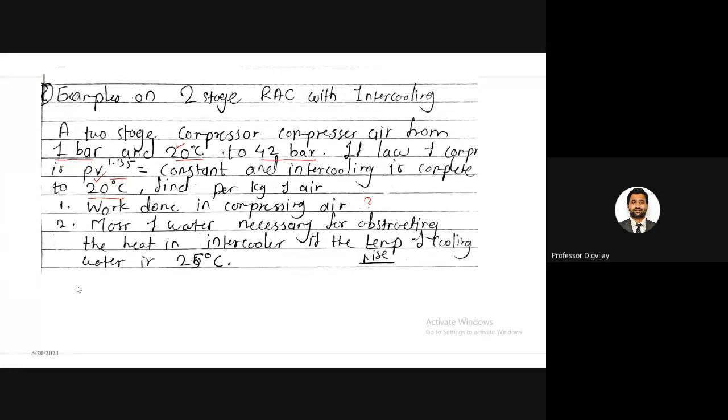Okay, I will draw that indicator diagram. On the y-axis we have pressure, on the horizontal axis we have volume. This is the case of multi-stage compression, so I will draw that also.